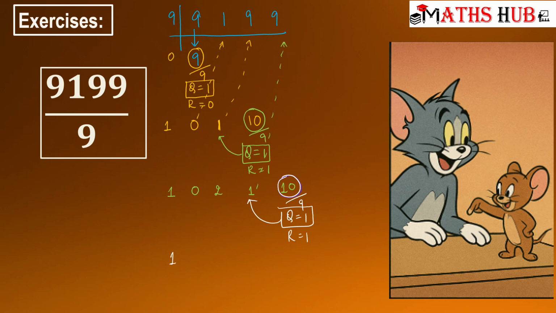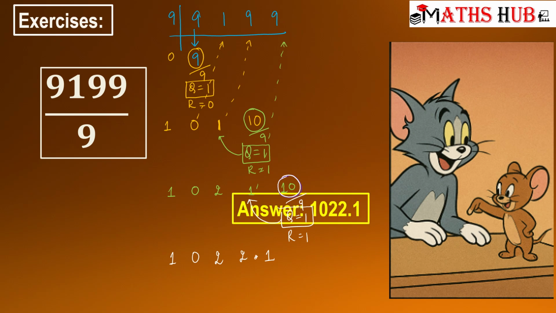So your revised numbers are 1, 0, 2. 1 plus 1 will become 2. Remainder left is 1. Place a decimal in front of the last number. So when you place the decimal in front of the last number, your answer becomes 1022 point 1, right?